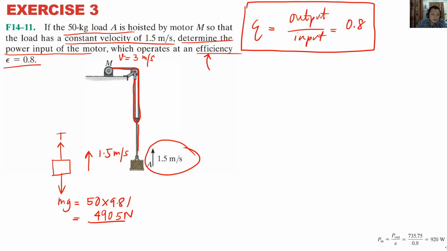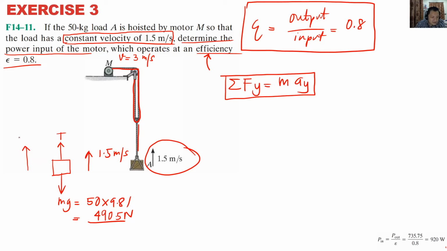There you go, constant velocity. Remember just now that we have derived summation Fy is equal to MAY. The motor goes upward this way, so positive is this way. T minus mg now becomes 0 because Ay is equal to 0. Tension is equivalent to mg, so tension is also the same, 490.5.